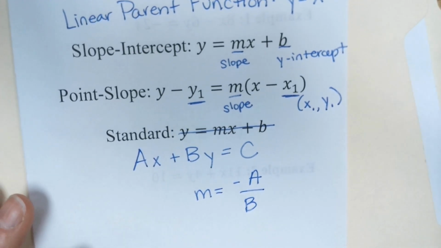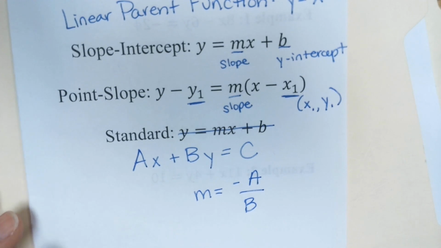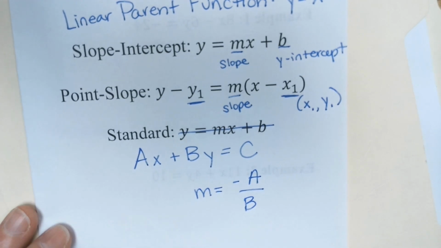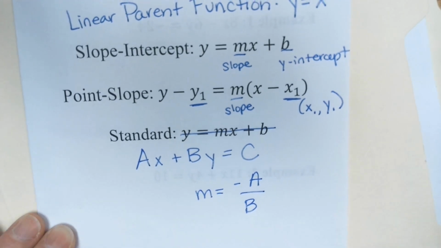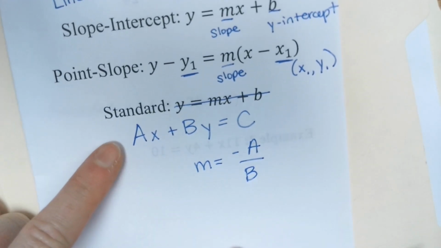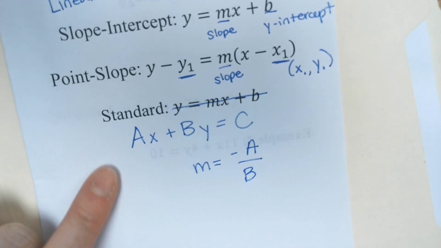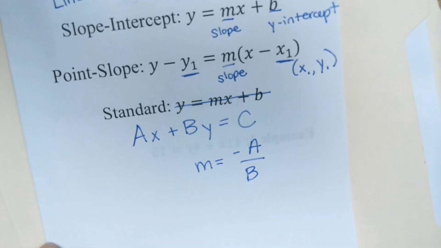Some of my students last year relied on this to graph. But in order to graph, you can also solve this for y by moving things around. So that's what we're going to focus on today.